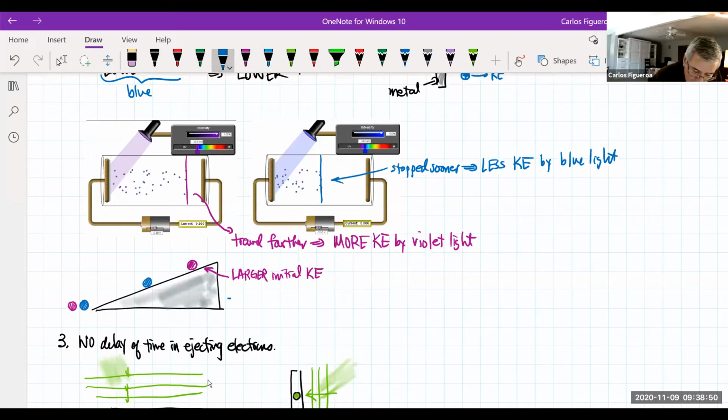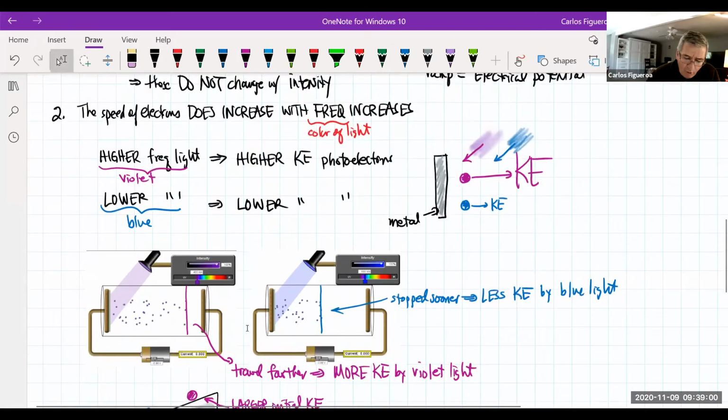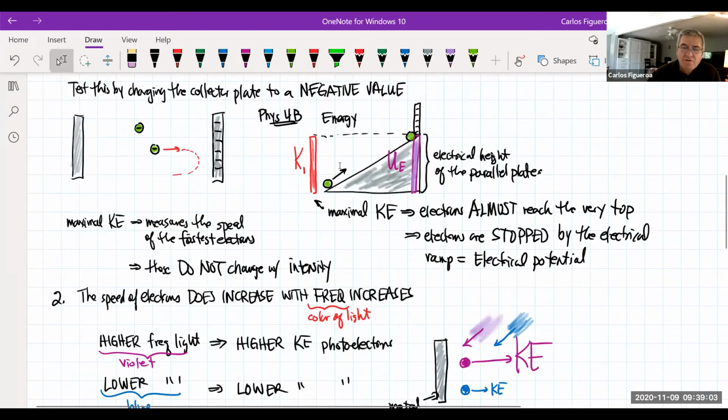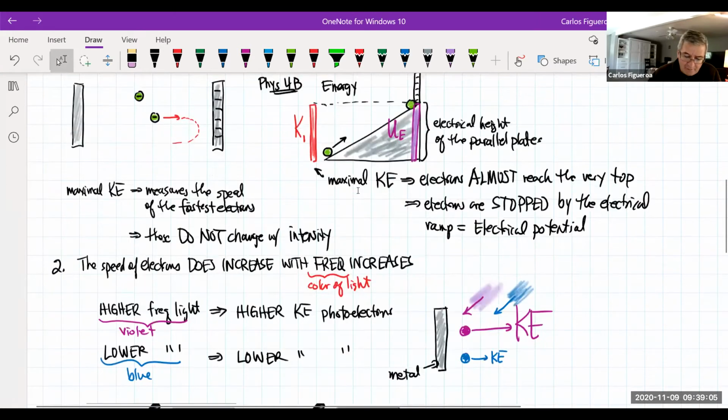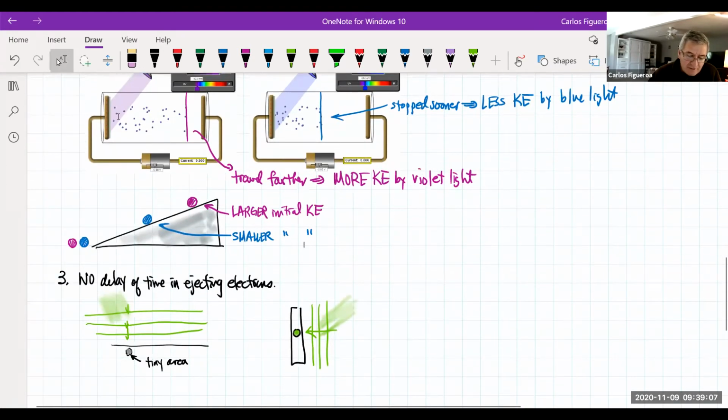Because this guy goes lower, it has a smaller initial kinetic energy. And that argument only comes from conservation of energy. And that's what you're seeing here. This goes further to the right, higher up the incline. This goes less far, lower down the incline.